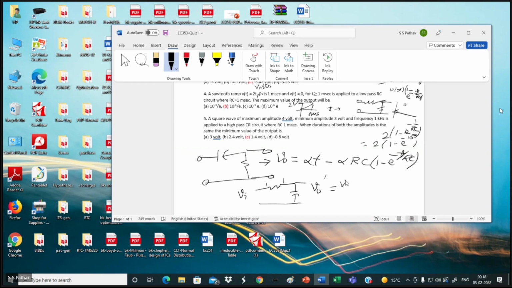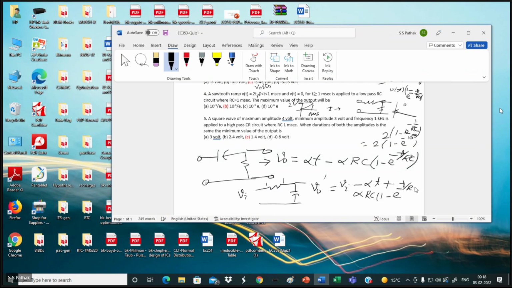So what is my V naught? It will be your VI minus this V naught, alpha T plus alpha RC, 1 minus e to the power minus T by RC.